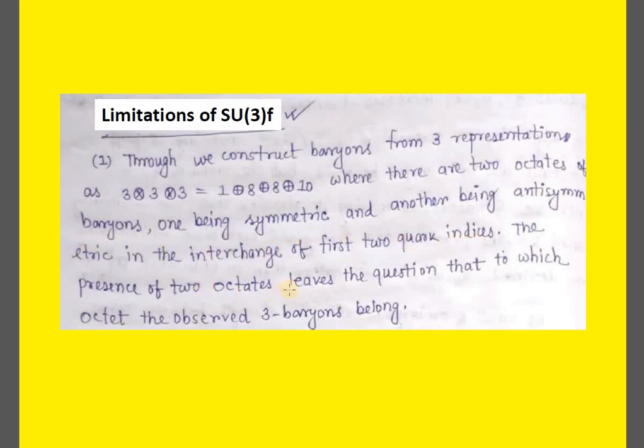The presence of two octets leaves the question of which octet the observed baryons belong to, the symmetric one or the antisymmetric one.